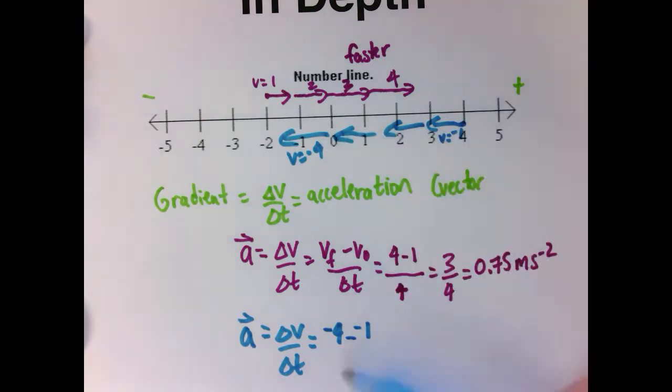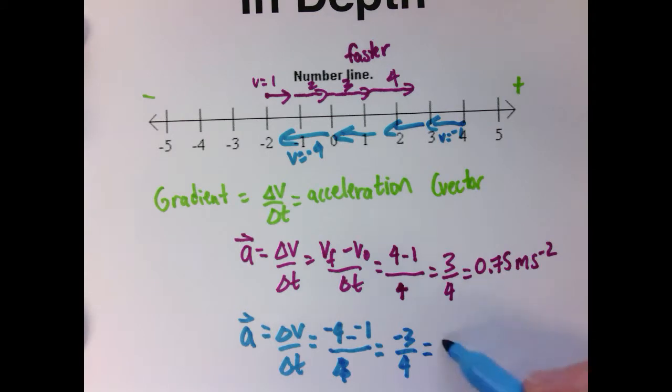We are headed in the negative direction. And the time, again, 3 seconds. Now what we have is -4 minus a -1 gives us -3, actually this should have been 4, -3 over 4. -3/4, and we get an acceleration that is -0.75 meters per second squared.